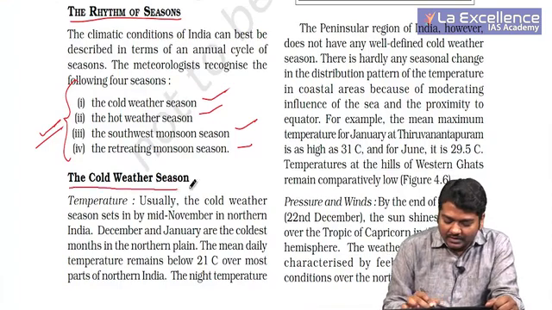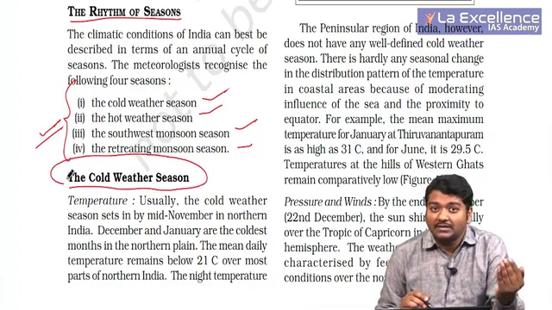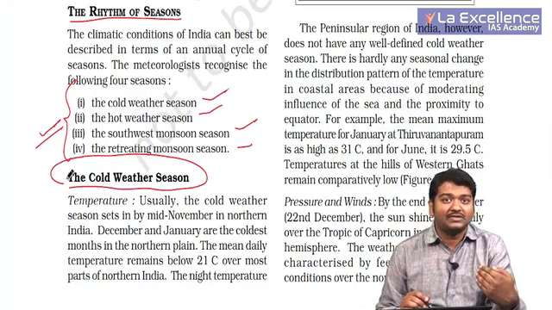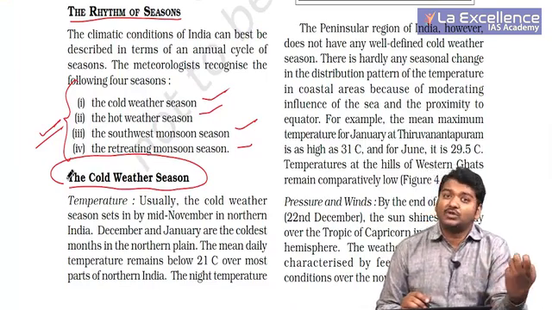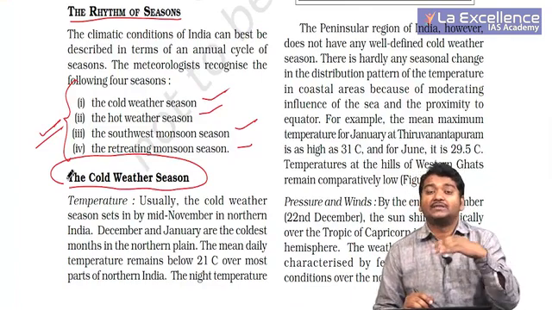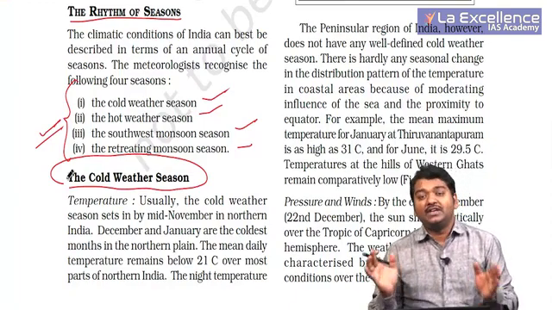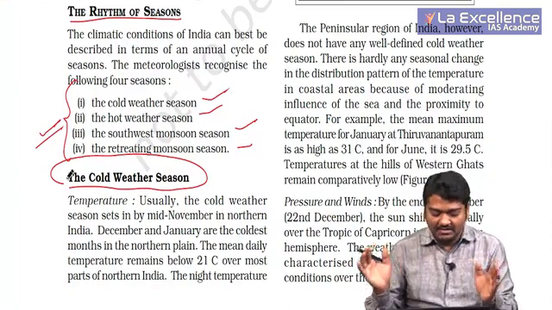The first important thing is the cold weather season, which usually starts first in North India, then you will see it in peninsular India. Sometimes in peninsular India, there is nothing called winter at all when it comes to the coastal region because of the impact of the sea.